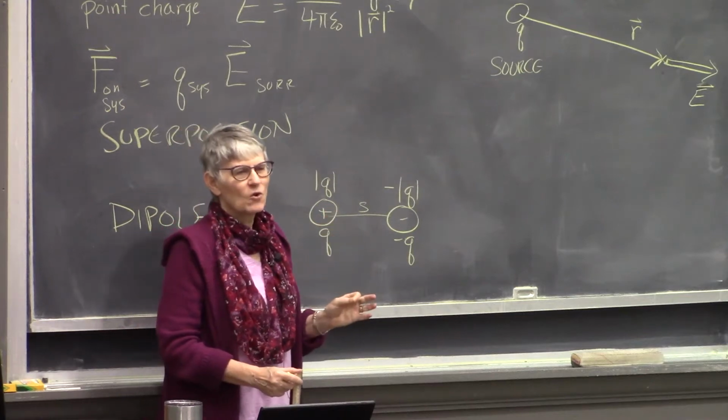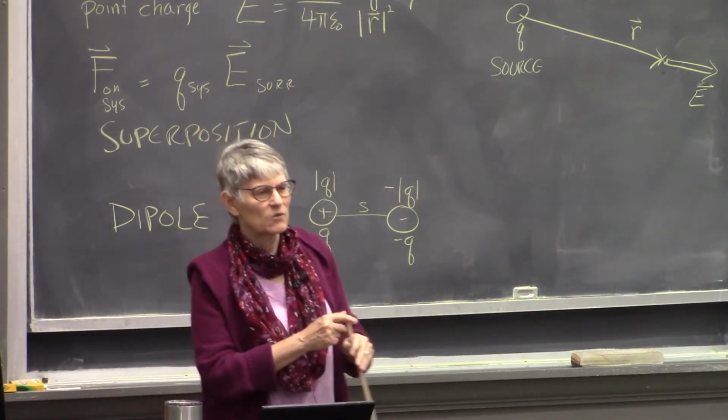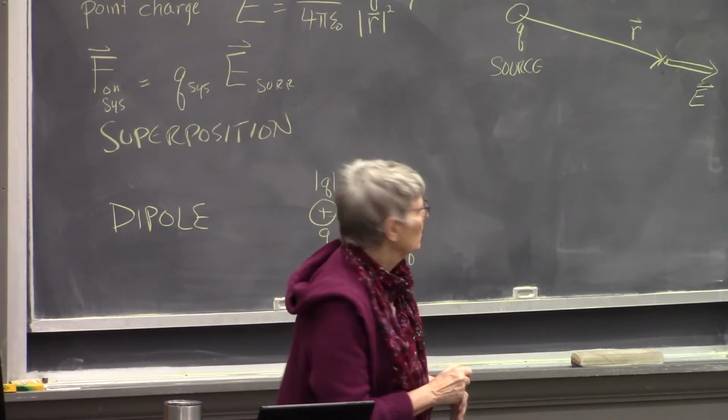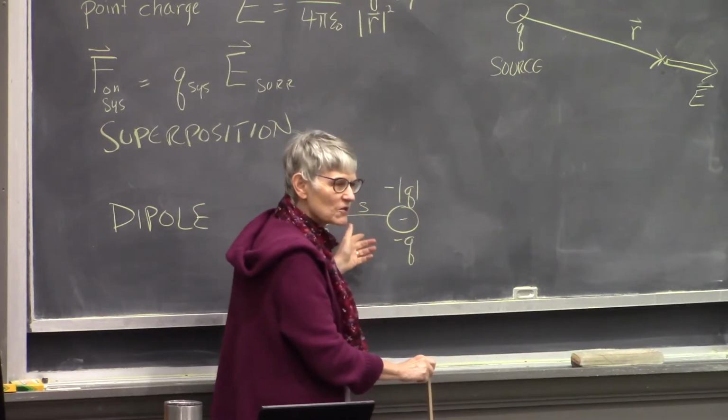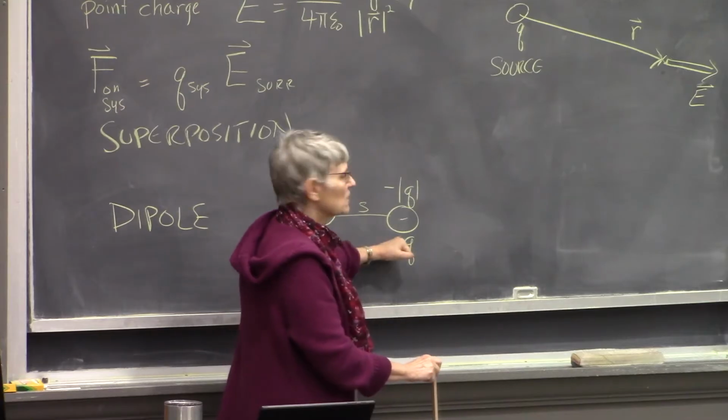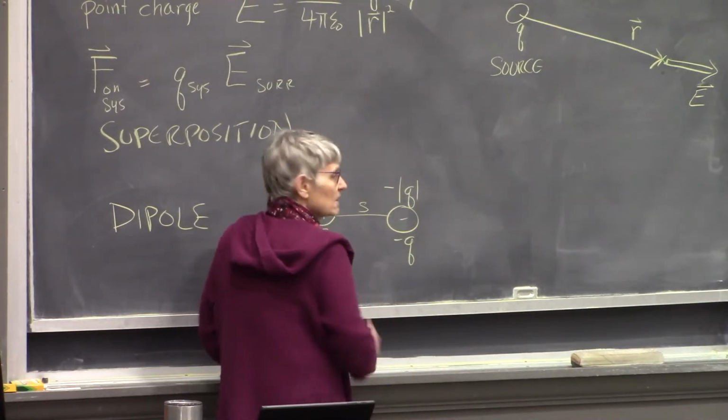And that's just annoying, especially if we're going to end up doing a lot of algebra. So we're going to say here that Q is a positive number in this argument, so this is plus Q, and that's a minus Q.